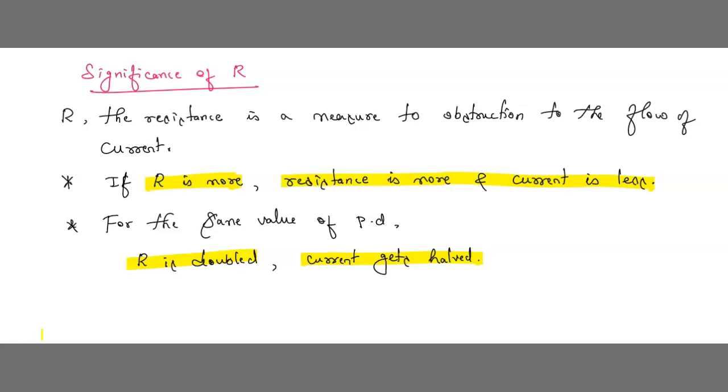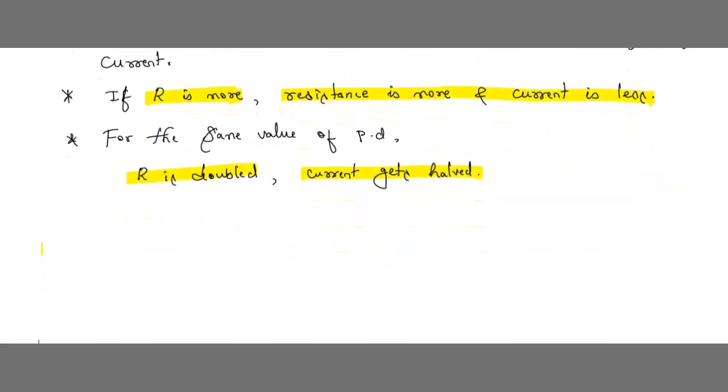Now they may ask you some basic definitions like this: what is a resistor? For resistor also we write R only, and for resistance also we denote by the symbol R only. So what is a resistor?